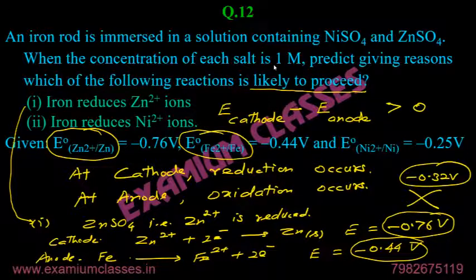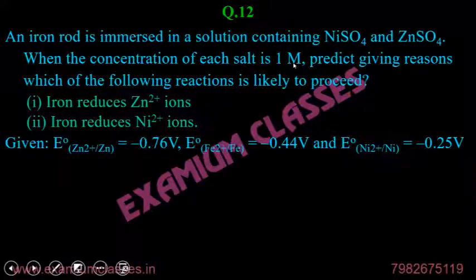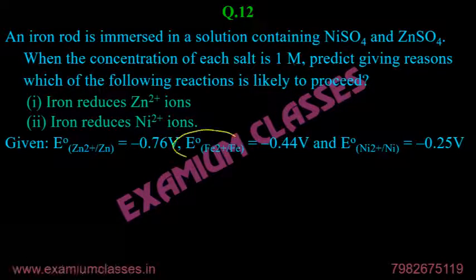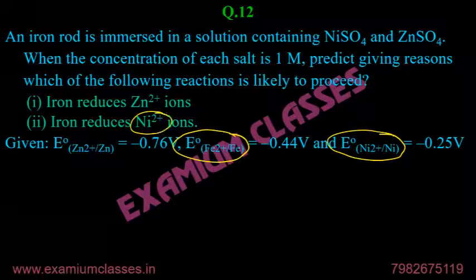Now come to the second part. Iron reduces nickel ion. Now, if iron reduces the nickel ion, we will apply the same concept. But now here we are comparing iron and nickel. Iron reduces means nickel is getting reduced at cathode.